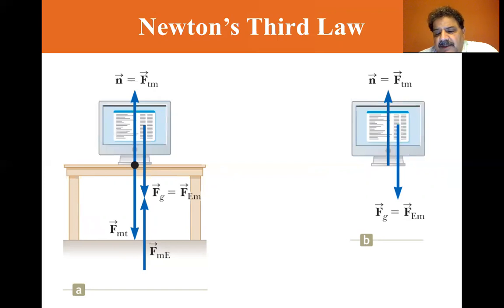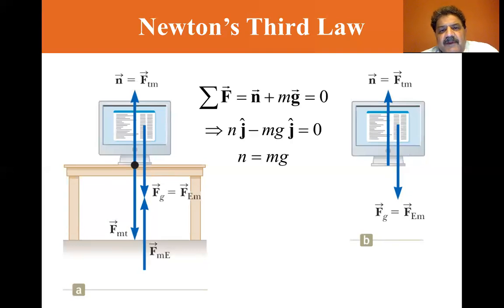Because the monitor has zero acceleration, Newton's second law says that the sum of the forces, the normal force plus the weight, mg, equals 0. So it's N in the j direction minus mg in the j direction equals 0.